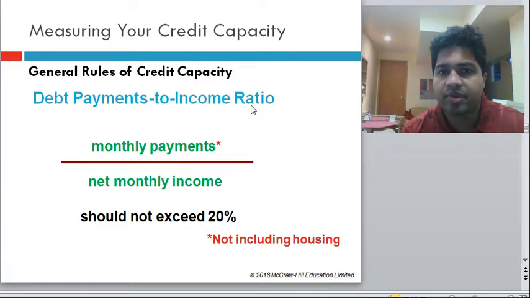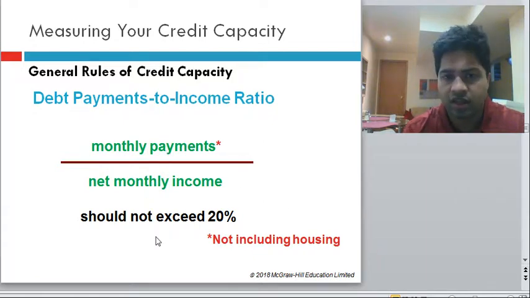First is the debt payment to income ratio: whatever monthly payments you make on your debt, divided by your monthly income. Experts suggest that it should not be more than 20%. So not more than 20% of your income should go towards consumer debt, but this doesn't include housing.